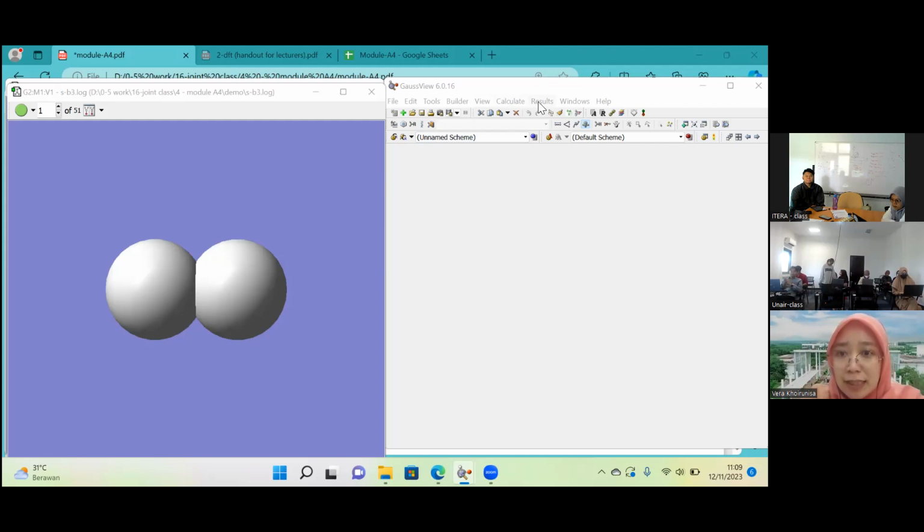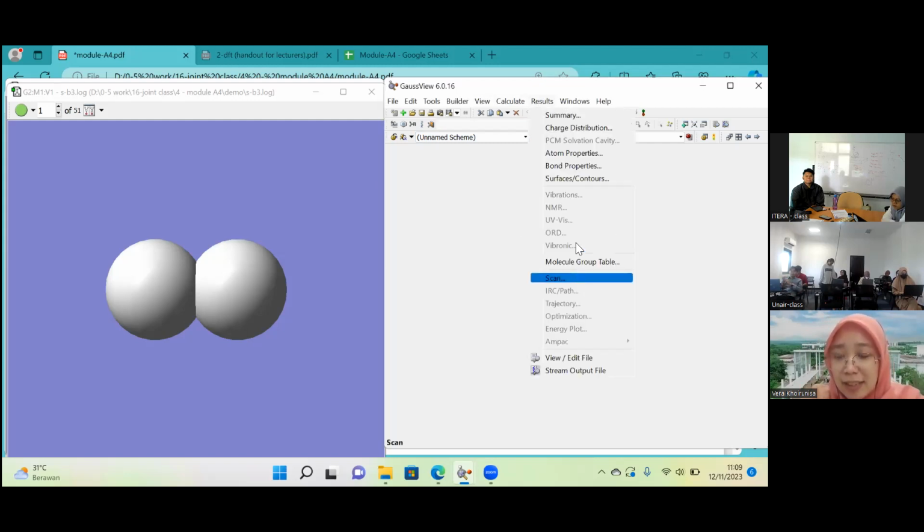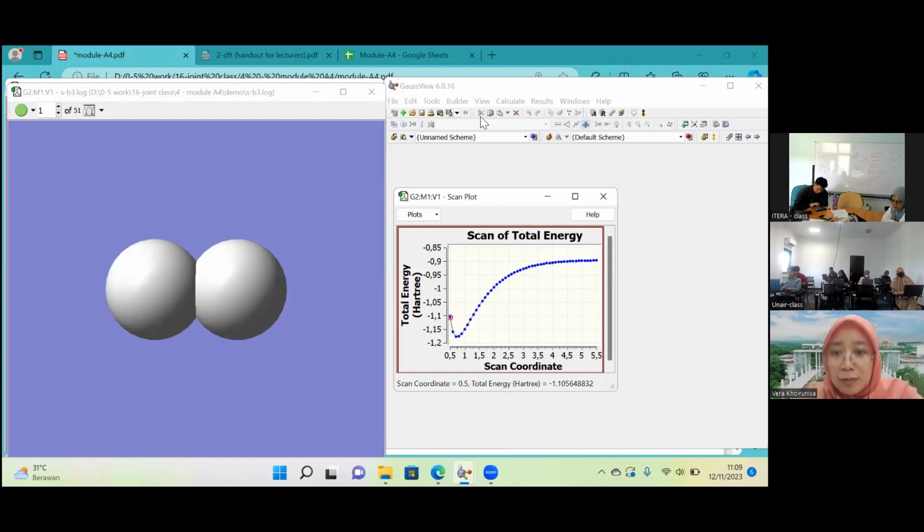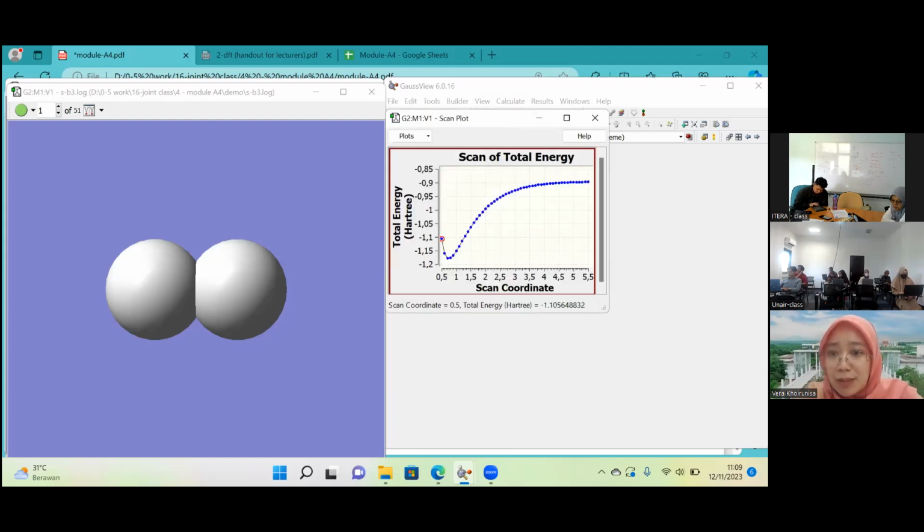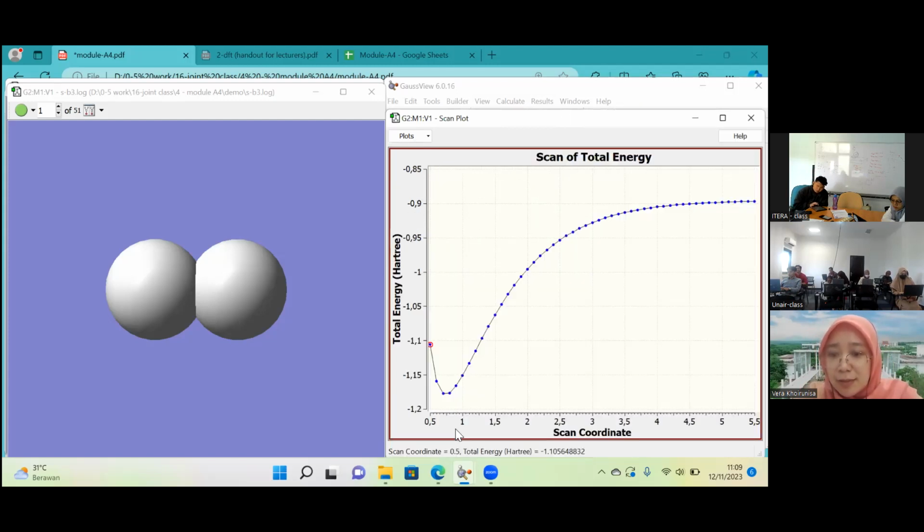So click the result. And here, if you perform a scan calculation, there is a scan here that you can click. So you can see the plot here. So this is the scan coordinate. So we start from 0.5 and end at 5.5 here.